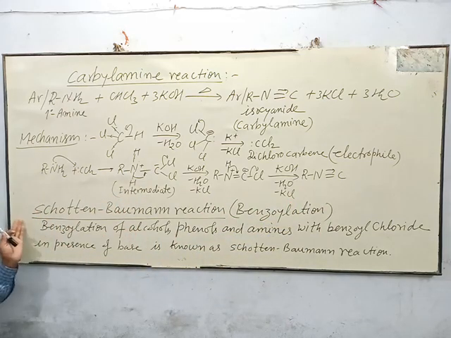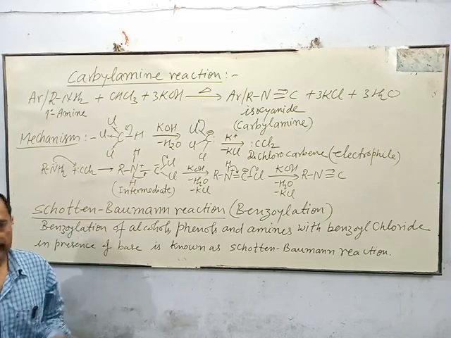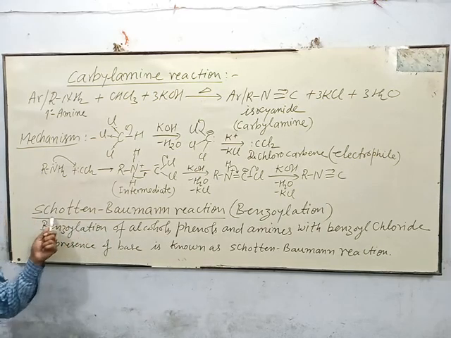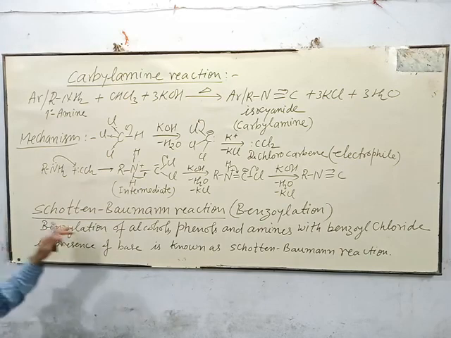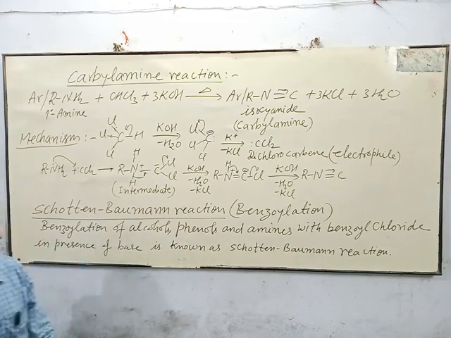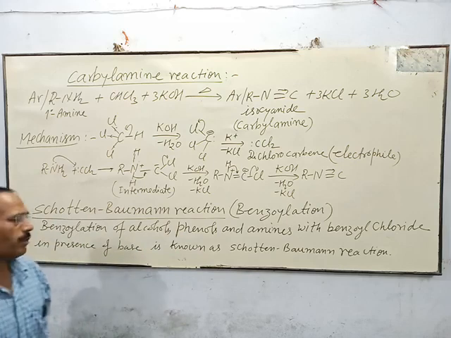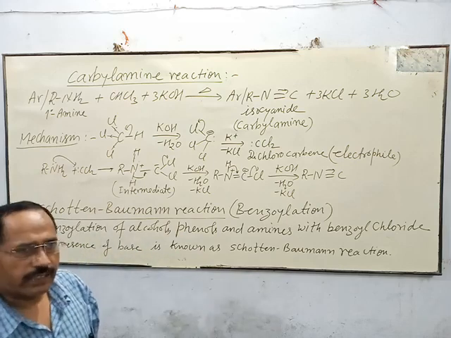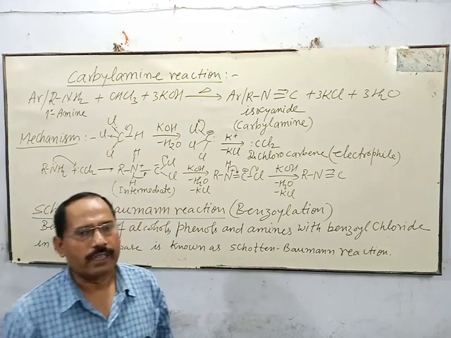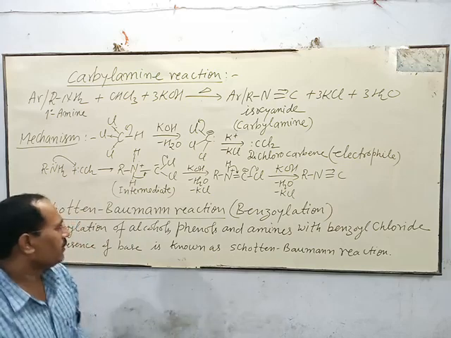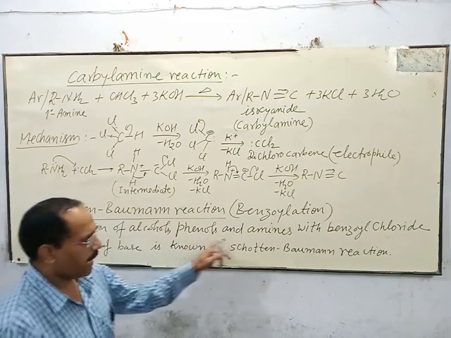Next reaction, this reaction was already discussed in halogens. This reaction is known as benzoylation of those compounds which contain acidic and reactive hydrogen, present in alcohols, phenols and amines.